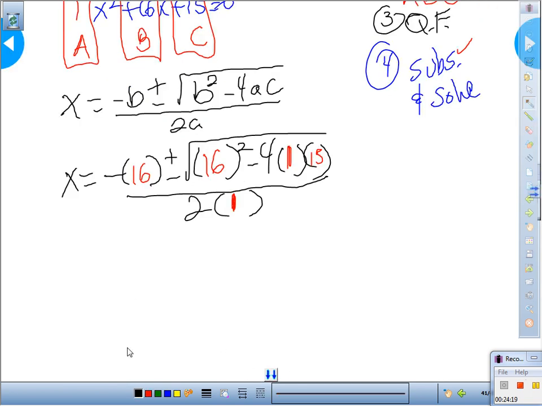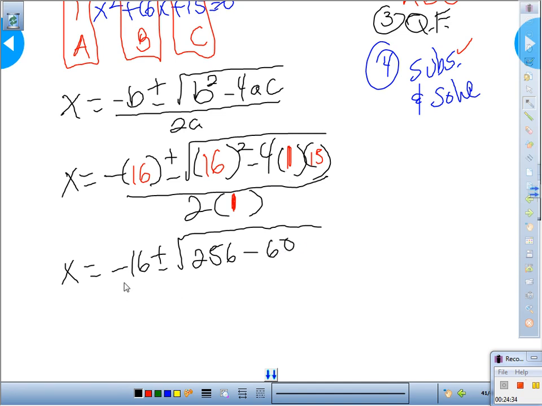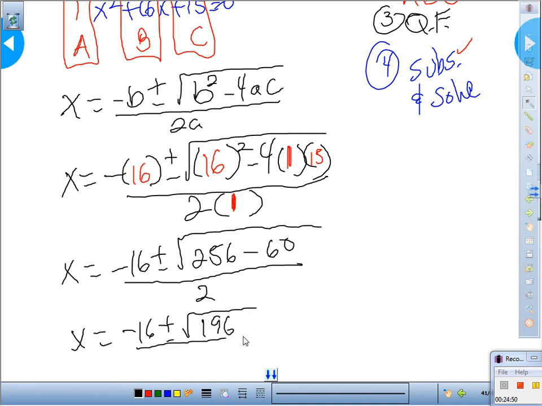Here we go. X equals negative 16 plus minus square root 16 squared, 16 times 16, that's 256, minus 4 times 1 times 15 is 60, over 2. Let's simplify still. X equals negative 16 plus minus square root 256 minus 60, that's 196, over 2.